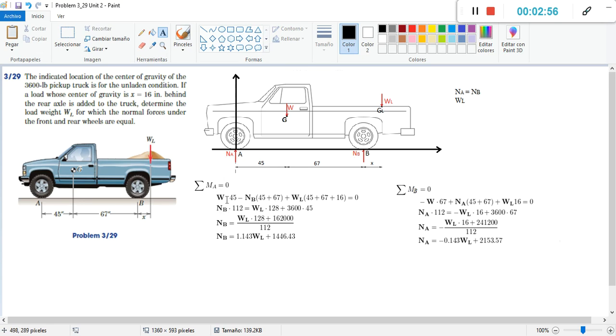The first thing we need to do is take the sum of all the moments at A as 0.